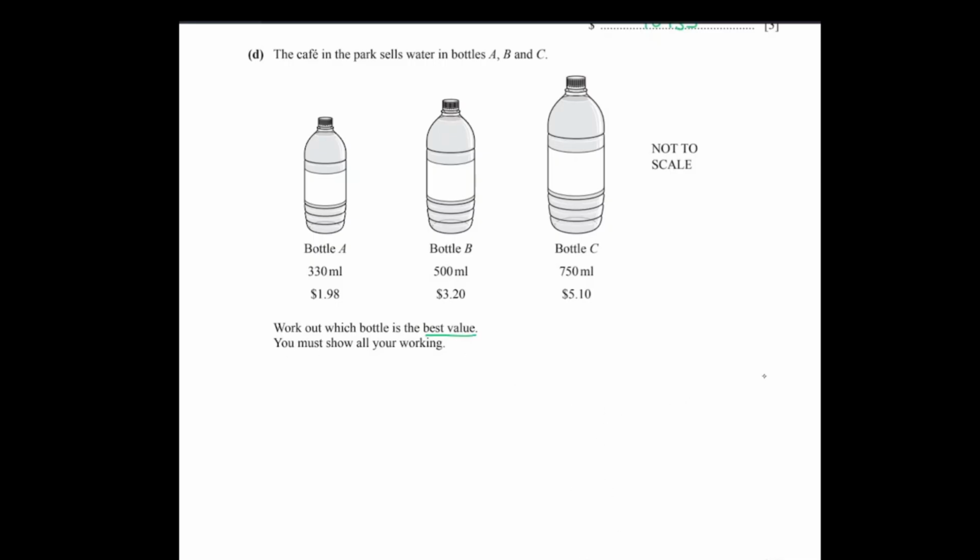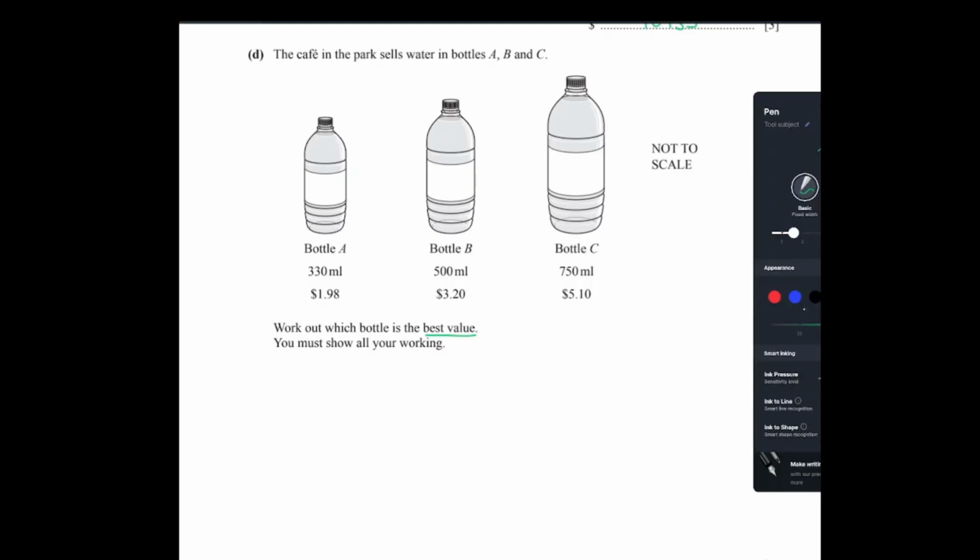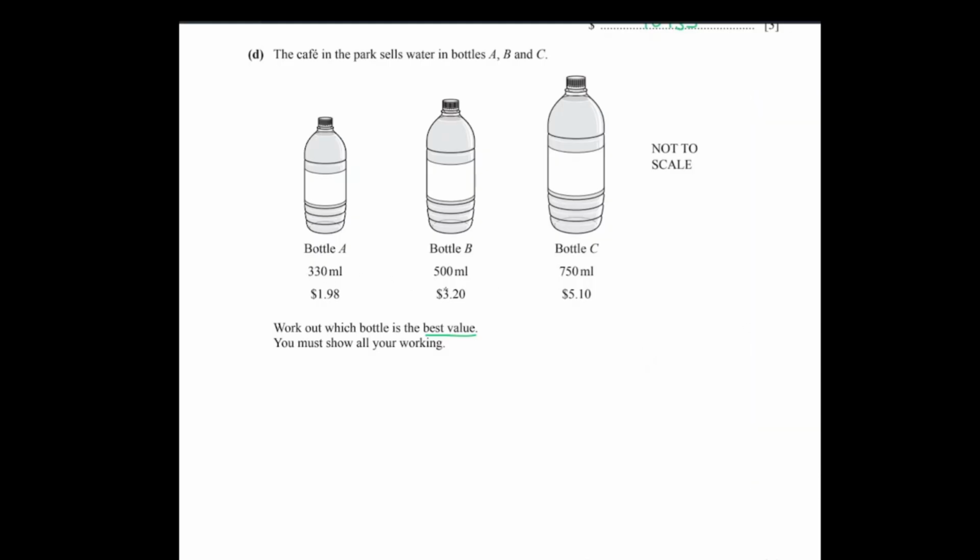Okay, so finding out the best value here, because this is all given in milliliters and dollars, you will divide each bottle cost by the given milliliters. So bottle A will be 1.98 divided by 330.